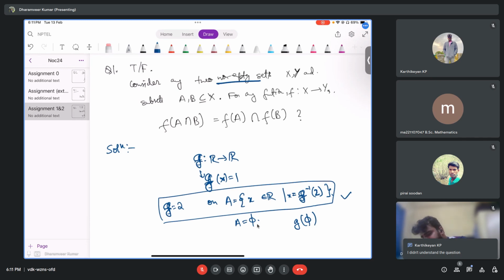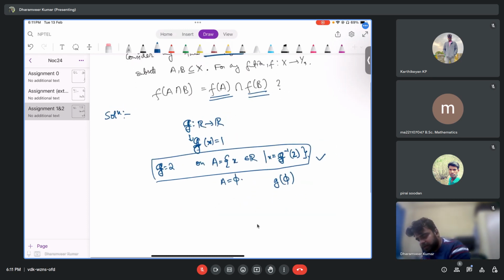Okay. So right over here, we are writing f of a, f of b. What does it mean? It's a set, right? For real numbers, there must be a set. So do you understand that a is phi?